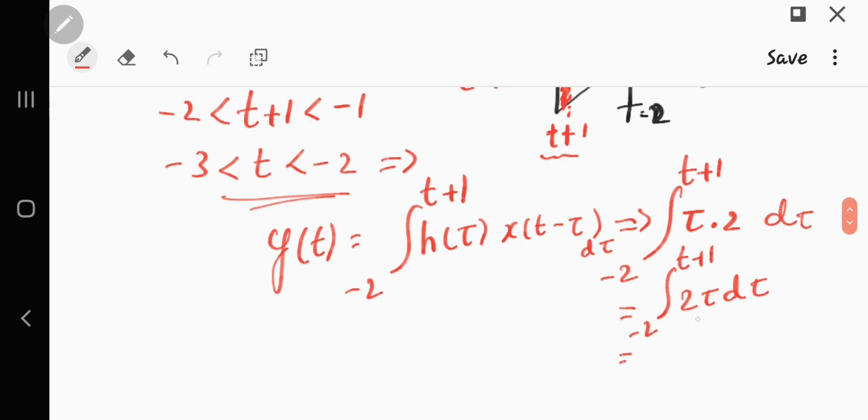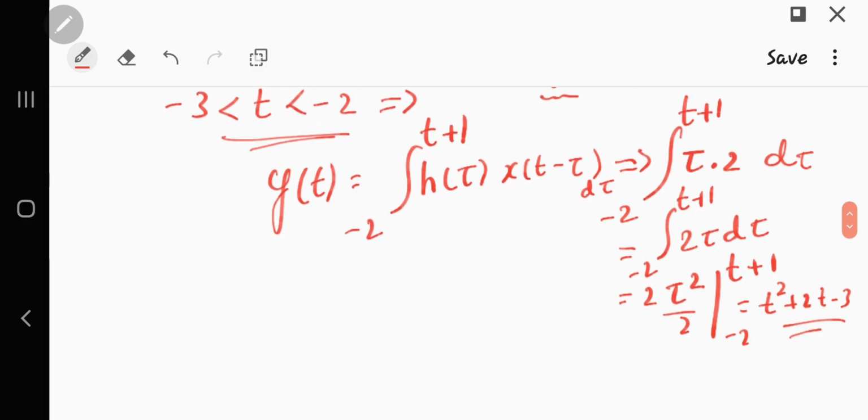The integration of 2 tau is 2 tau square by 2, and if you apply the limit, where the limit is minus 2 to t plus 1, and simplify, you should get t square plus 2t minus 3 as the answer. Okay. So this is the second case.